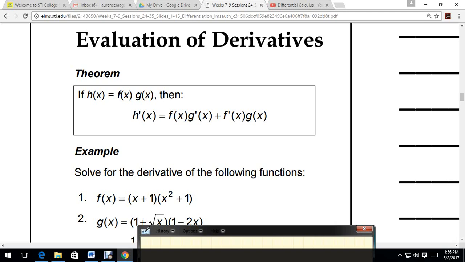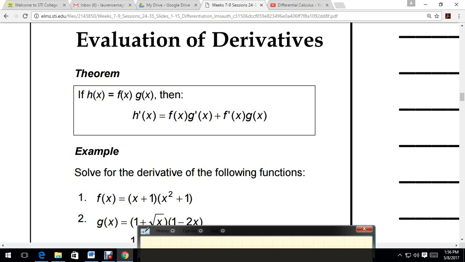To shorten the notation, let f of x be our first and g of x our second function.